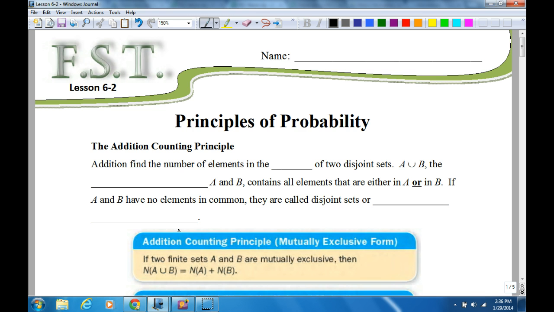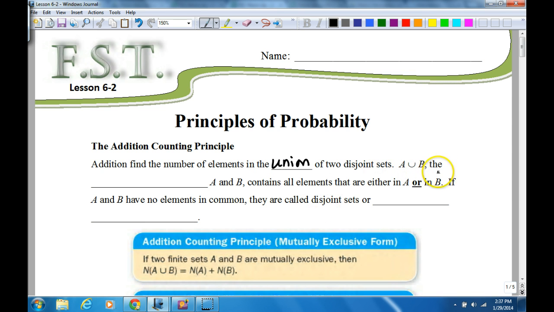It says the addition counting principle here. Find the number of elements in the union of two disjoint sets. So this is the symbol for union, you guys. It's like a U, so that hopefully will help you remember it.